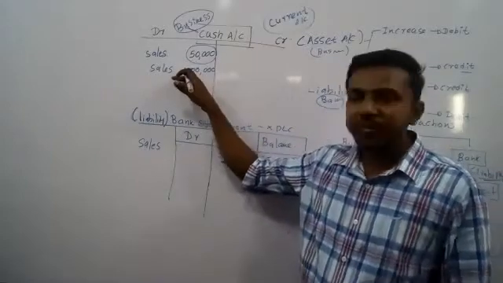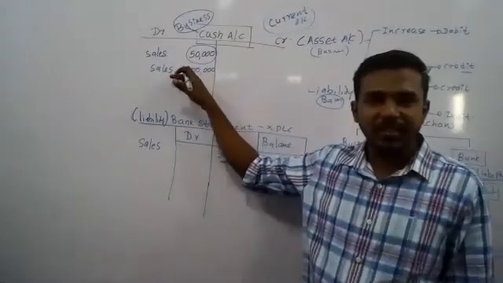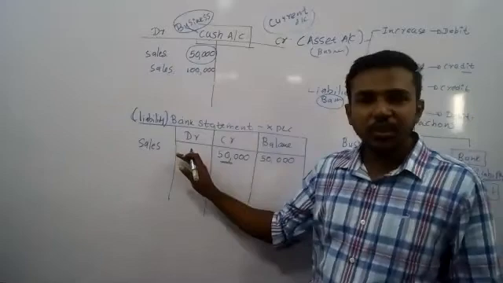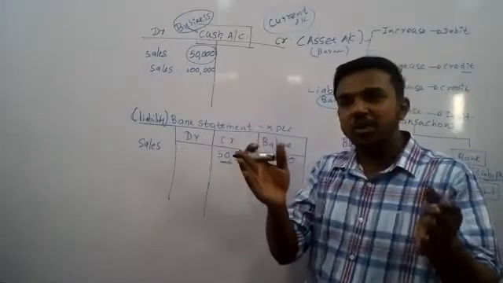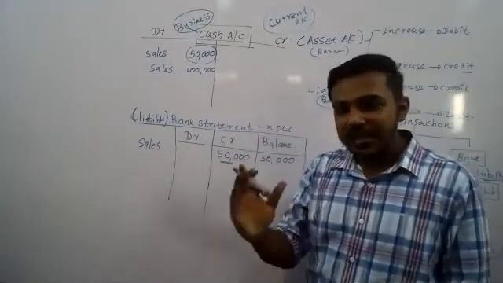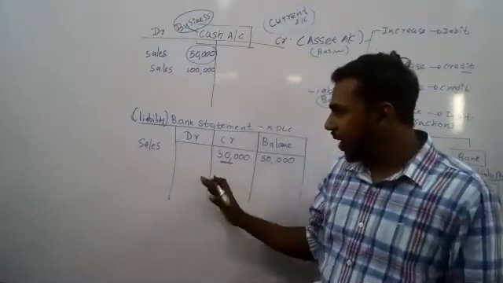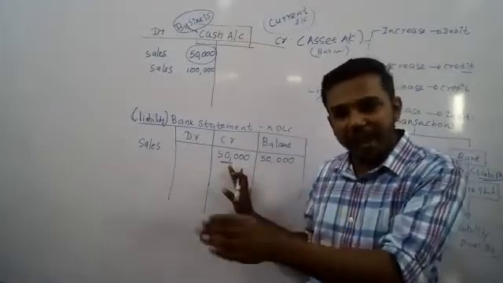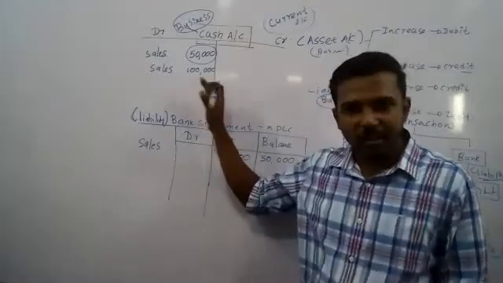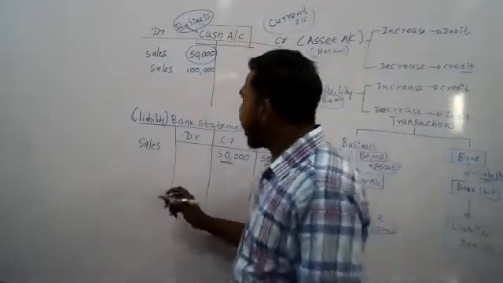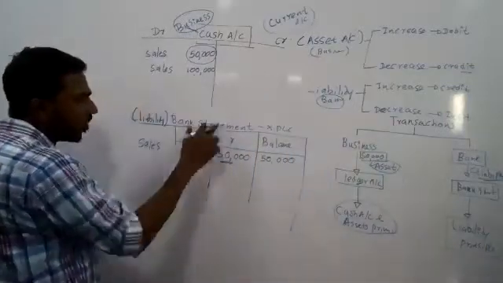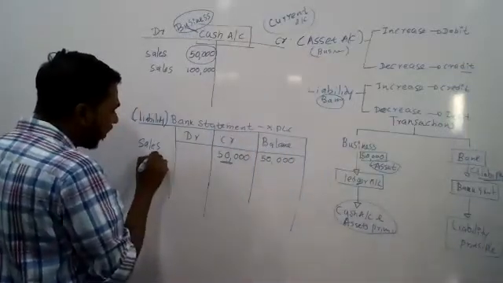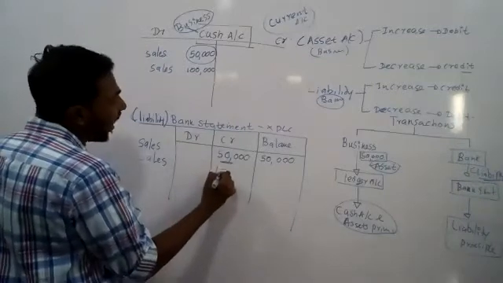Clear? Once you deposit for the business, it's an asset increase. But once the deposit comes to the bank, it's a liability for the bank. Because once you deposit, the bank is supposed to keep it secure and give it back to you once you ask for the withdrawal. Clear? So again, asset increase debit, but for the bank, it's another liability because now they have to keep another 100,000.